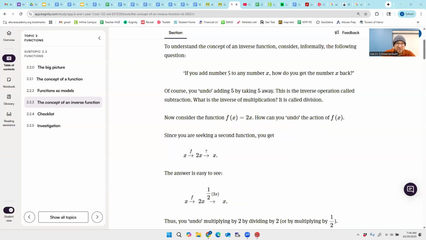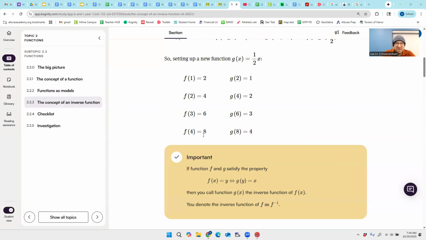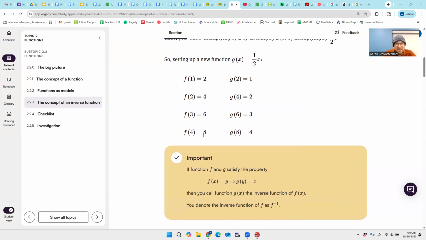You should be familiar with inverse functions. If they're inverse functions, this is an important thing. If f of 1 equals 2 and g of 2 equals 1, if it does that for every point, they are inverses. Okay?